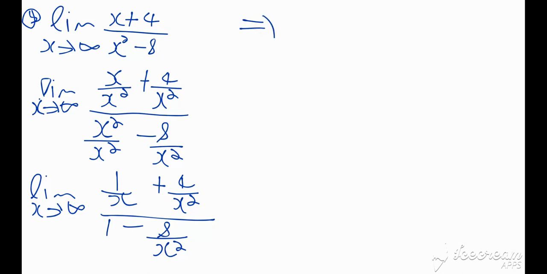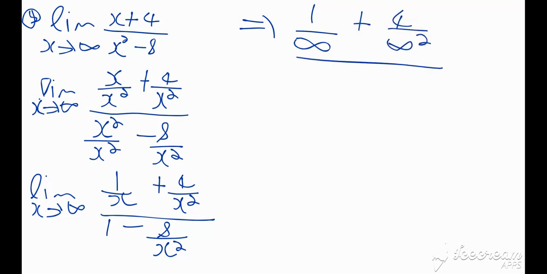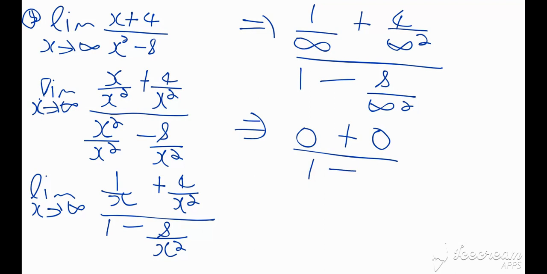Now if we substitute infinity, I'm going to have 1 over infinity plus 4 over infinity squared all over 1 minus 8 over infinity squared. Now once again, we say once we divide a constant by infinity, then it's going to tend towards 0. So I'm going to end up with 0 plus 0 over 1 minus 0, which ultimately breaks down to give me 0.